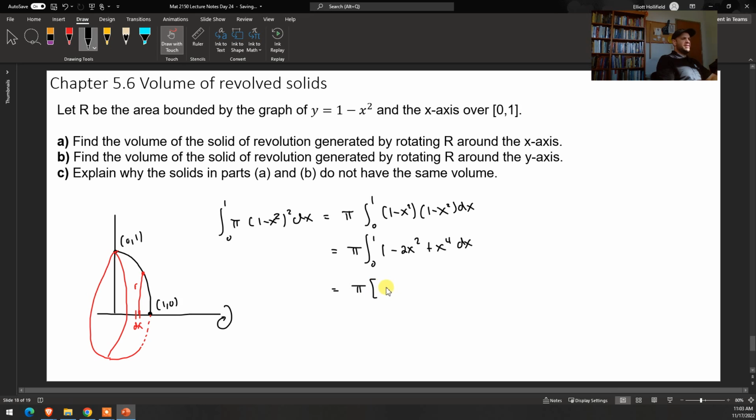Now we can compute the antiderivative. We get x minus 2/3 x cubed plus 1/5 x to the 5th evaluated between 0 and 1. Now we can plug in 1 and subtract when we plug in 0, but every term will be 0 when we plug in 0.